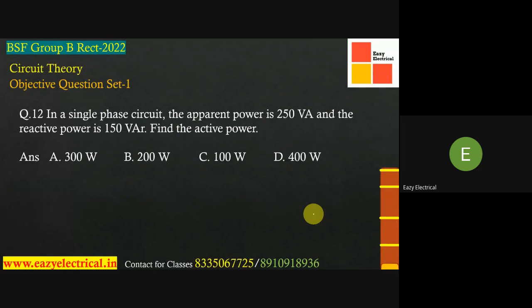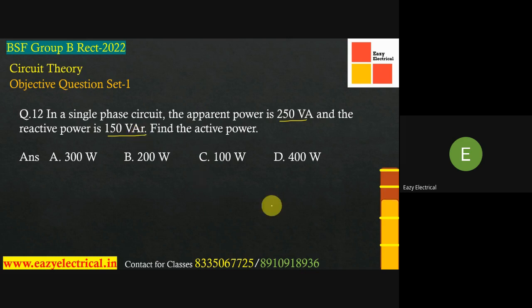In a single phase circuit, the apparent power is given to be 250 volt amperes, and the reactive power is given to be 150 volt amperes. Now, what is the active power? They are giving the apparent power and reactive power.